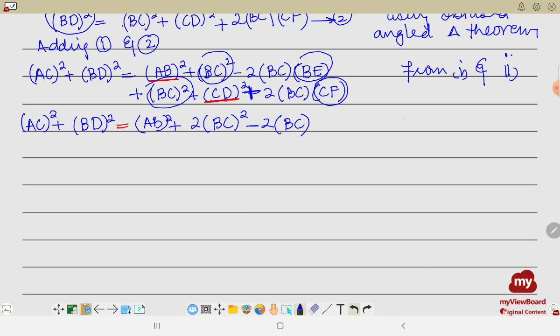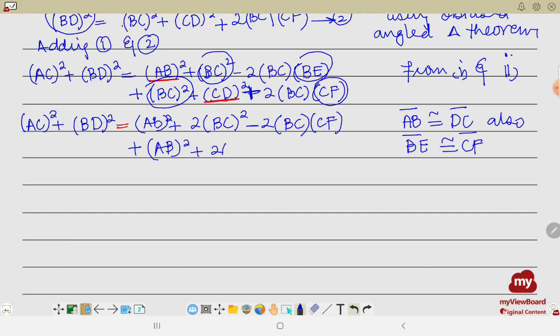So here we can write in reasons that AB is congruent to DC. Also, we have BE is congruent to CF, right? So instead of BE, we'll write down CF. And we have already added up these two sides, and instead of CD we are going to write the AB whole square and 2 times of BC and CF.